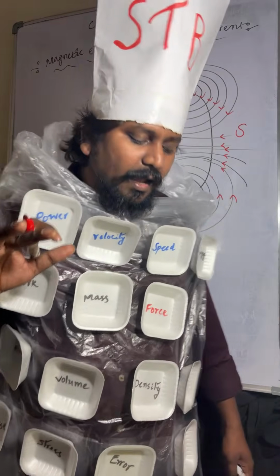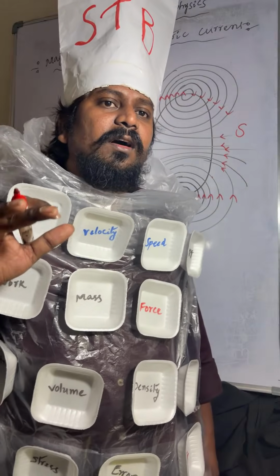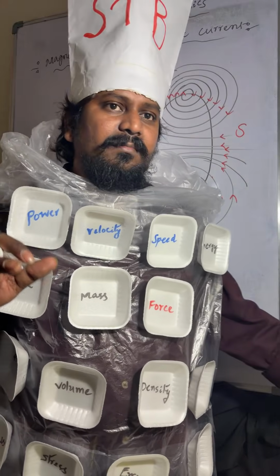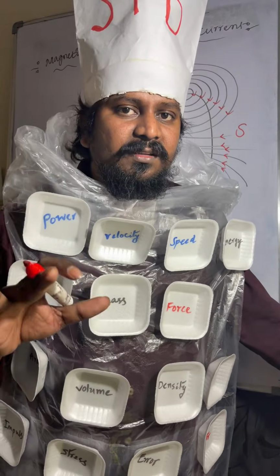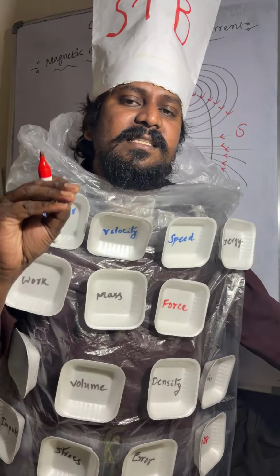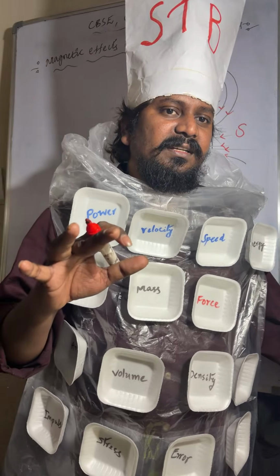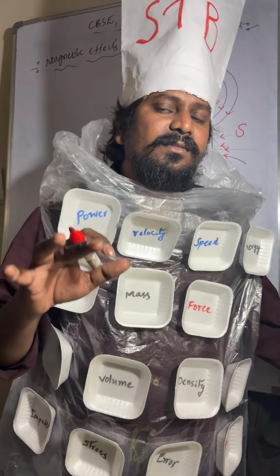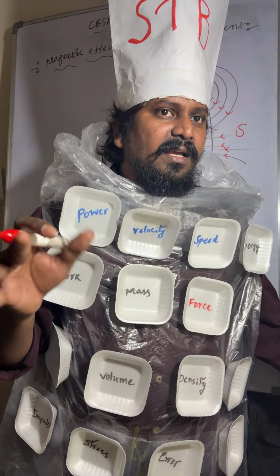Understood? I hope it is very clear. So the point where the magnetic field is leaving is the North Pole, and the point where the magnetic field is reaching is the South Pole. Understood? Right? Next one.